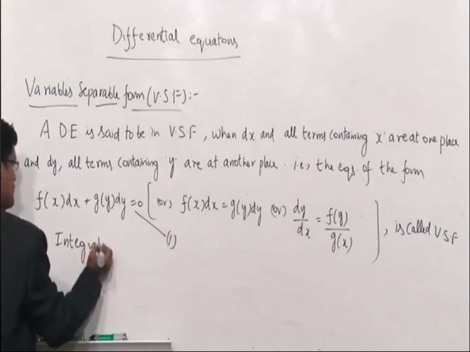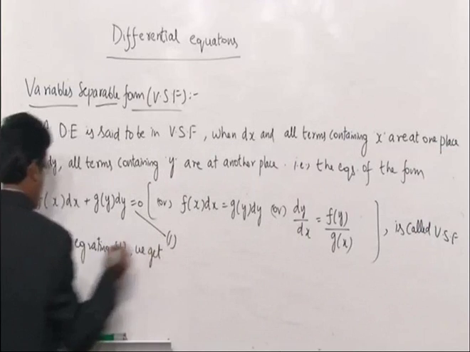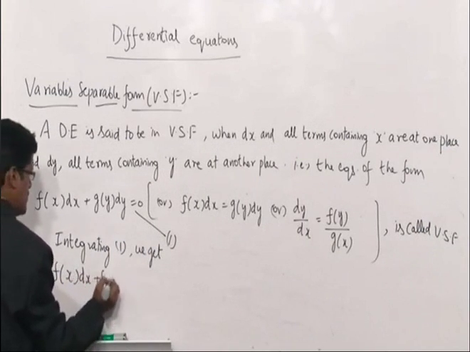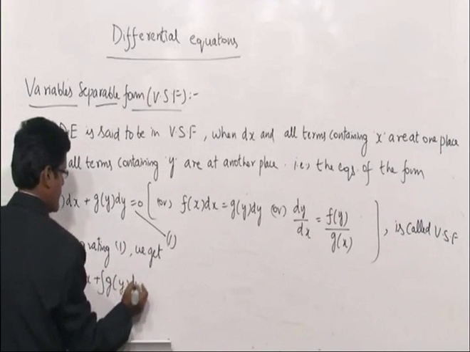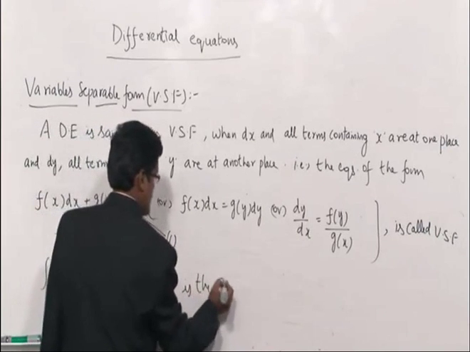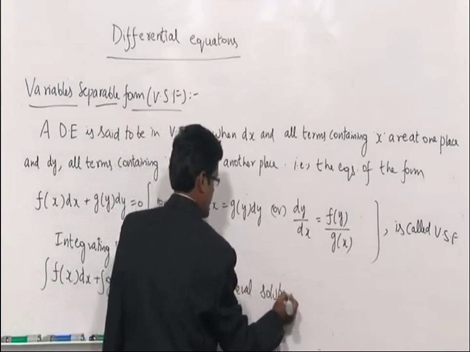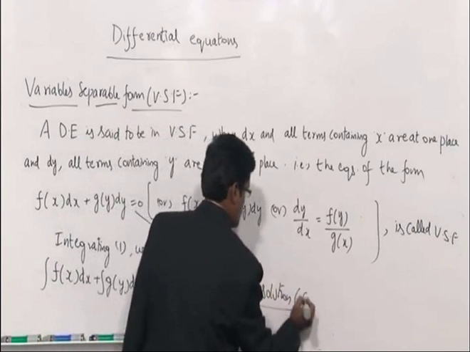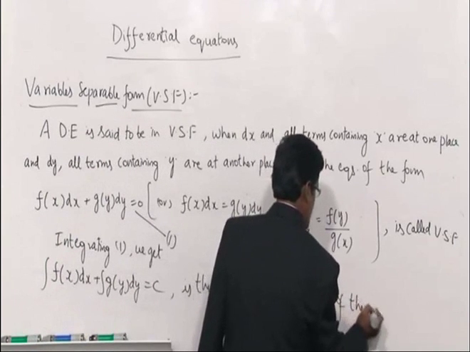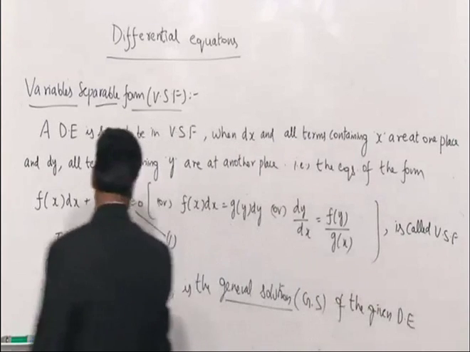Integrating 1, we get integral f of x dx plus integral g of y dy is equal to c is the general solution, short form GS, of the given differential equation.